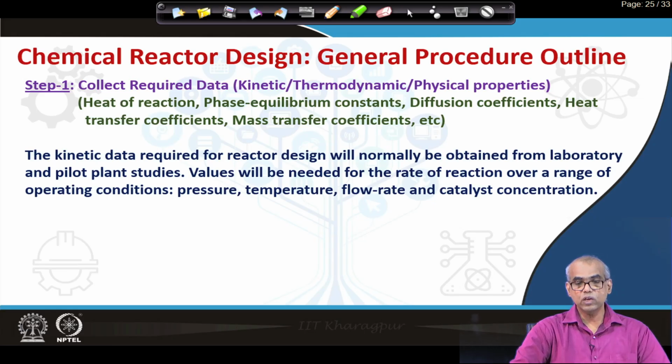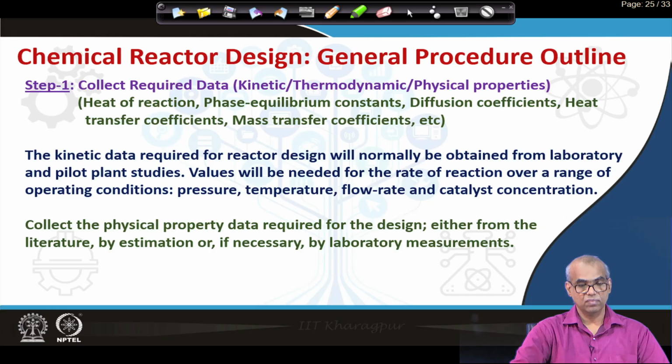Values will be needed for the rate of reaction over a range of operating conditions such as pressure, temperature, flow rate and catalyst concentration. Collect the physical property data required for the design. This can be collected from literature or it can be estimated by using various models and correlations, or you can also perform laboratory experiments to obtain such data.